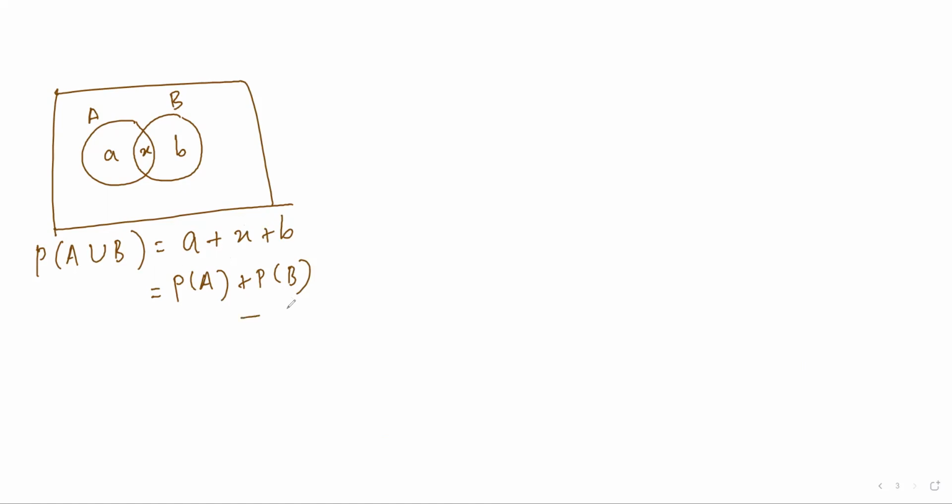So you have to deduct the intersection, which is equal to X, because this is A plus X plus B plus X, so that is A plus B plus 2X. That's why we have to deduct.